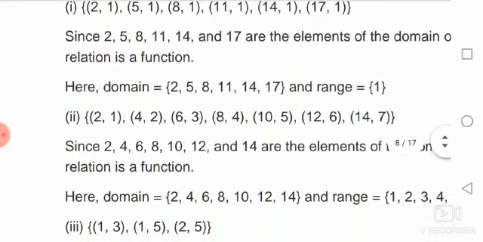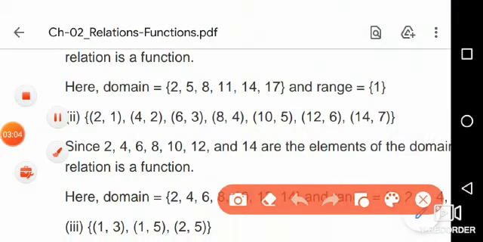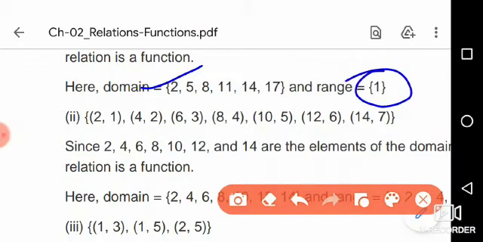Here, the domain of the function is 2, 5, 8, 11, 14 and 17, and all these elements have a common image, that is 1. This is a function. Let me take the second example. It is a relation containing 2, 1, 4, 2, 6, 3, 8, 4, 10, 5, 12, 6 and 14, 7.